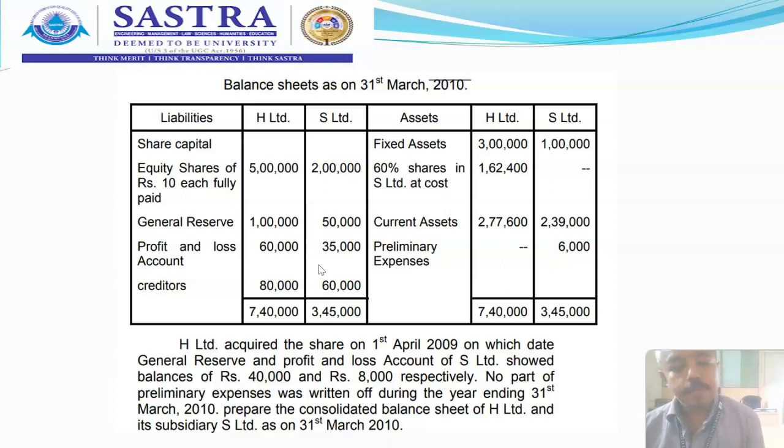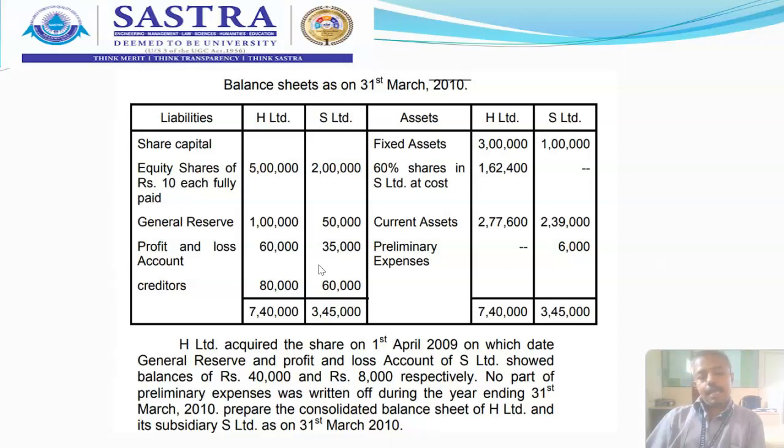So total capital profit is 42,000. Of this, 40% belongs to the minority people. So 40% of 42,000 comes around 16,800.